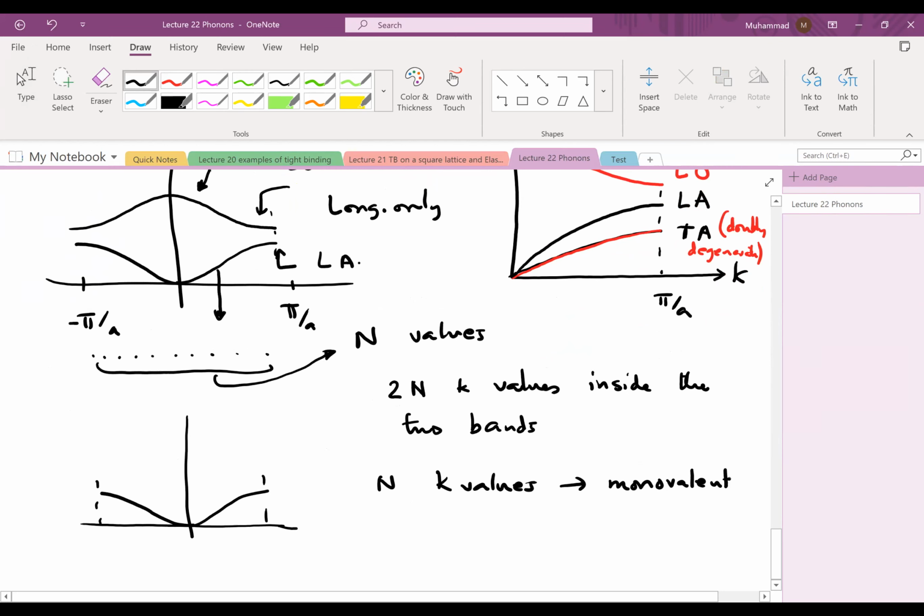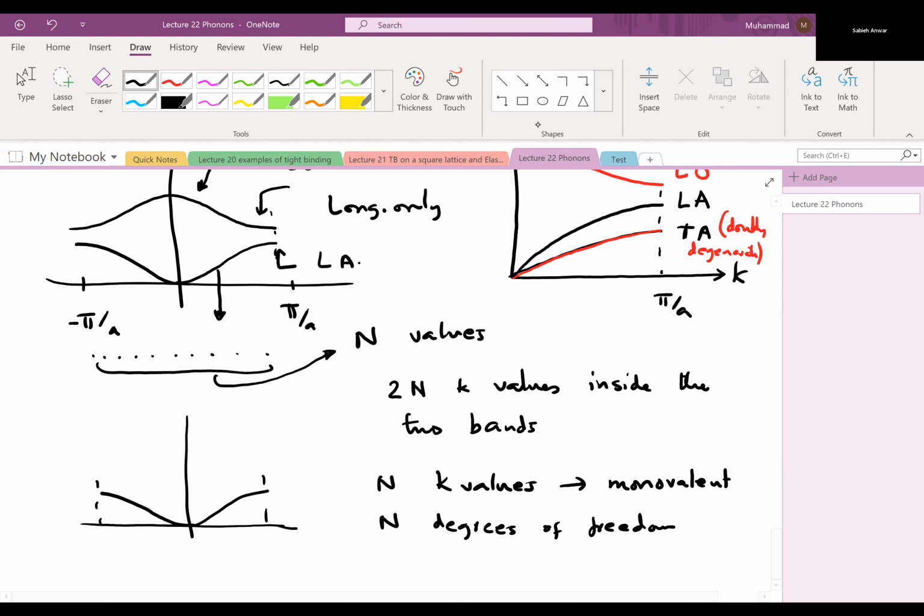It can only show longitudinal motion, and there's only one kind of atom. There are N atoms inside the solid. Each atom can only oscillate in a longitudinal fashion. So there are N degrees of freedom. So all the K values take into account all the degrees of freedom inside the system.